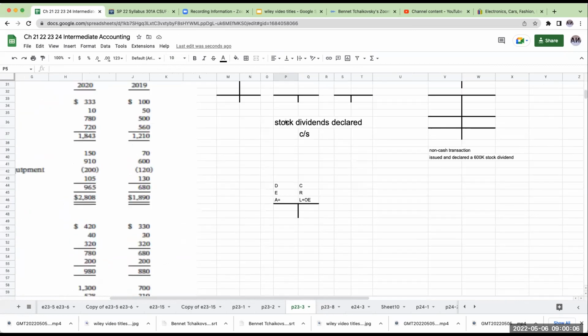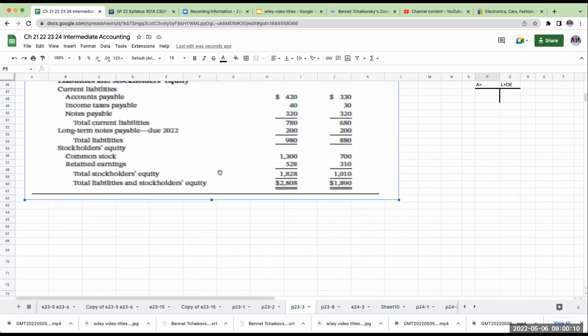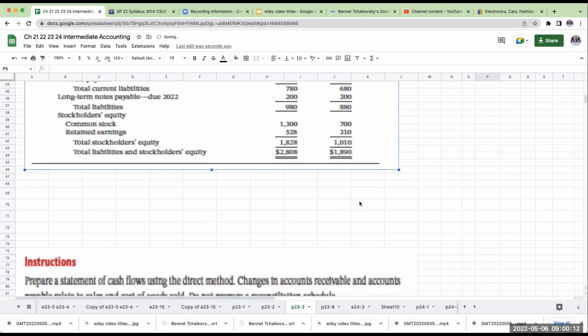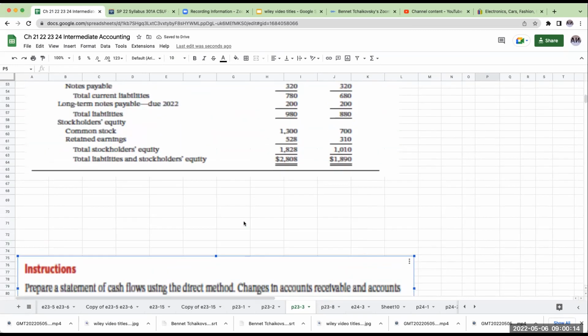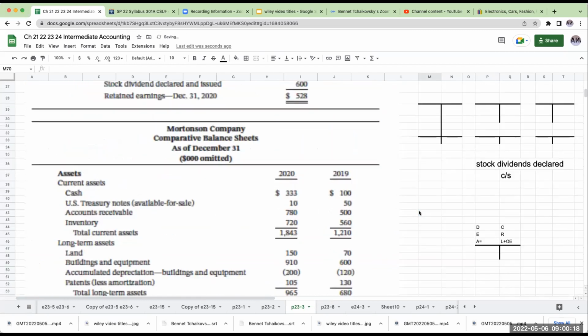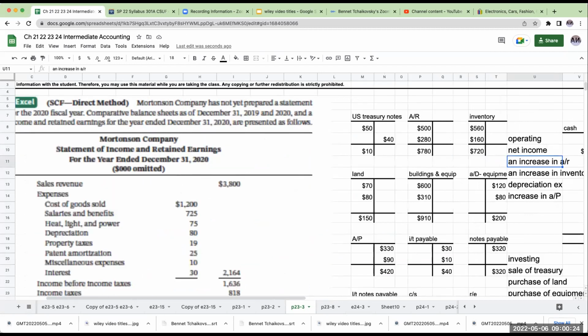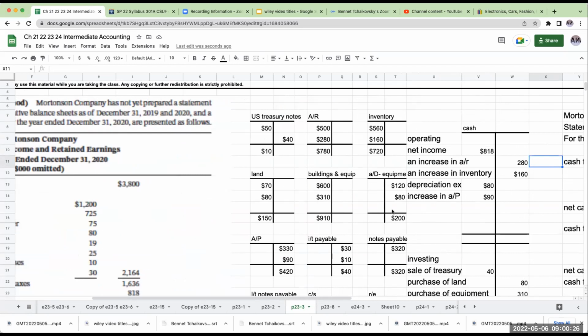Now with this particular question, there's no additional information. So without that additional information, it's not that I'm flying blind. It's just that I'm looking off this and making assumptions. So what I'm doing now, which is usually my last stage, is analyzing each of the accounts.